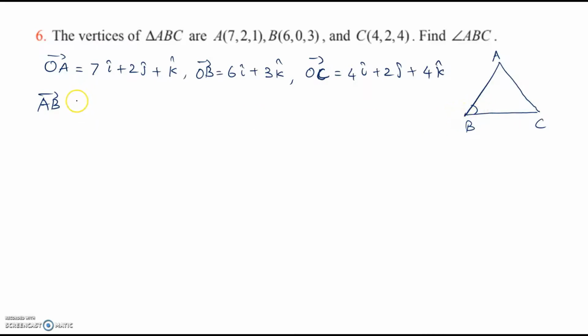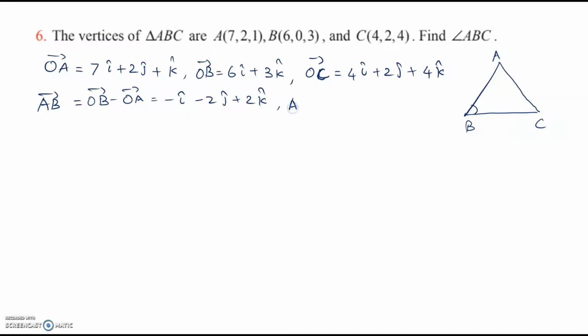So vector AB is equal to vector OB minus OA. So that will be equal to, our OB minus OA is 6 minus 7, minus i cap, minus 2 j cap plus 2 k cap.